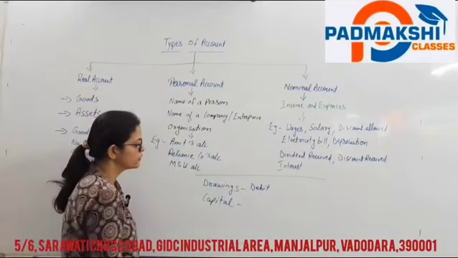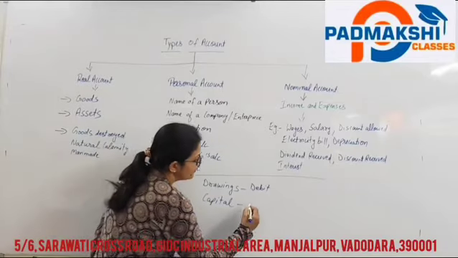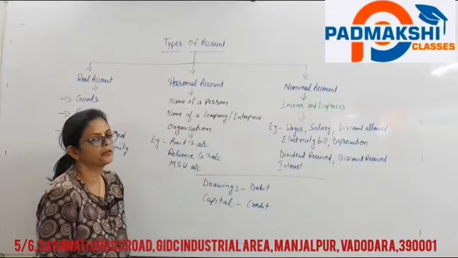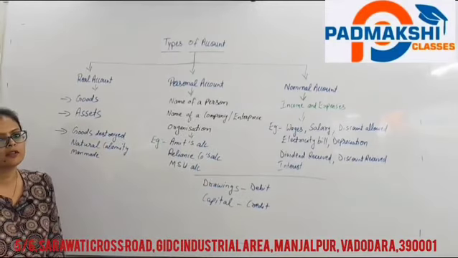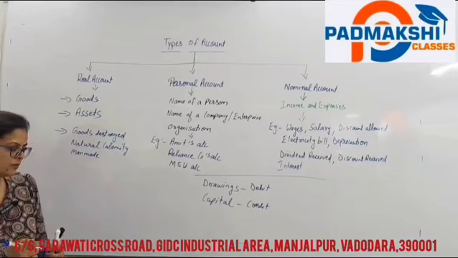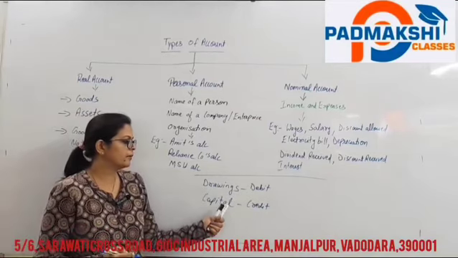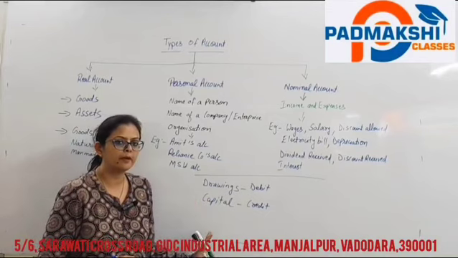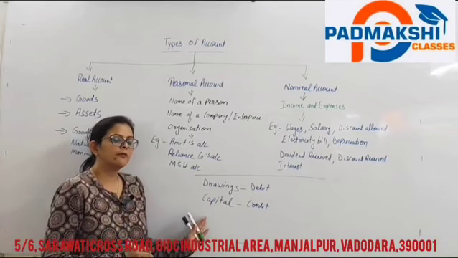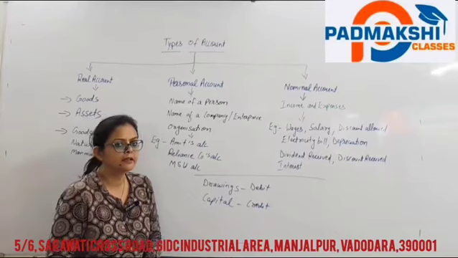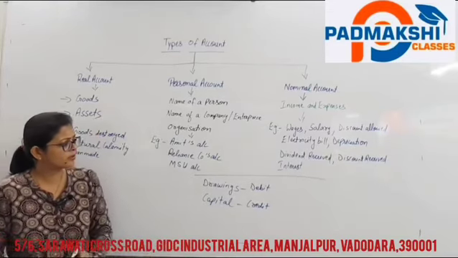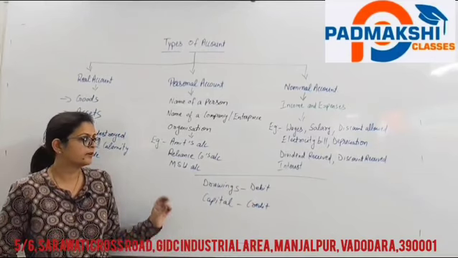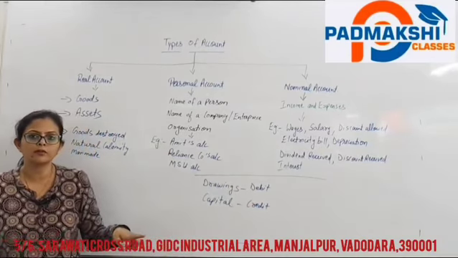It is always going to get debit. C for capital, it's going to get credit. C for credit. So this is just a trick to remember about the debit and credit of these two accounts, drawings account and capital account. This we will further continue in the next lecture about how to give the debit effect and the credit effect to all different types of accounts.